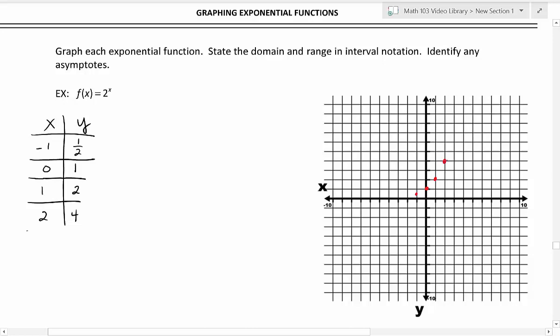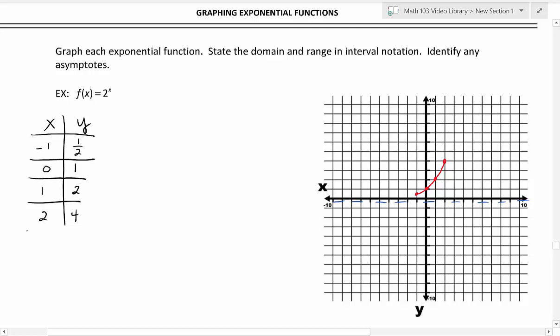All of our exponential functions have a horizontal asymptote on the x-axis. We'll draw that in. We know that these 4 points are going to connect, and we also know that one of the ends of our graph has to tend towards that horizontal asymptote.